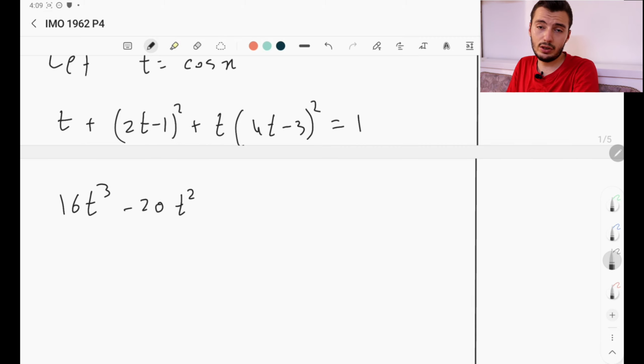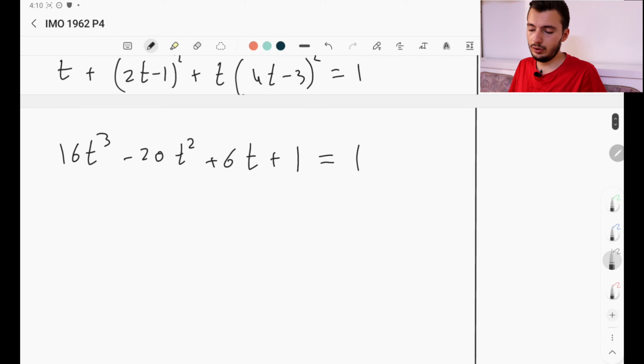Alright, so it's just minus 20t squared, right? Okay, and next what about the linear term? Now it's plus 10t, and then minus 4t, so it's plus 6t. Alright, very nice. Finally, what is the constant term here? The constant term is just 1, which is equal to 1. Alright, so this is our equation in terms of t.